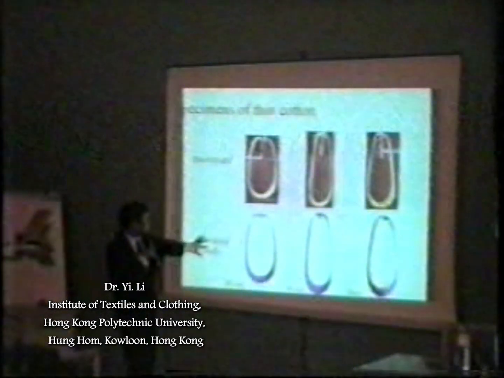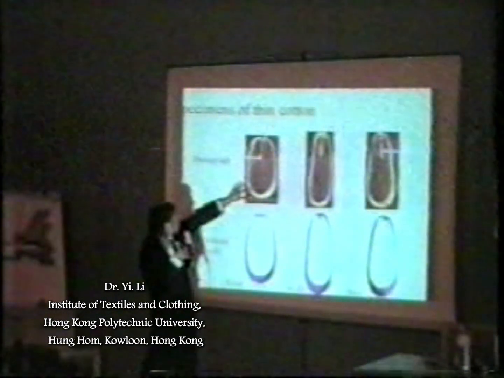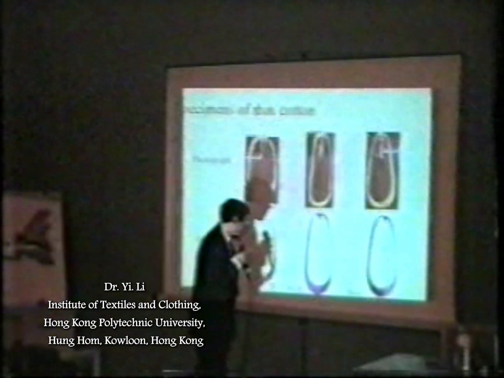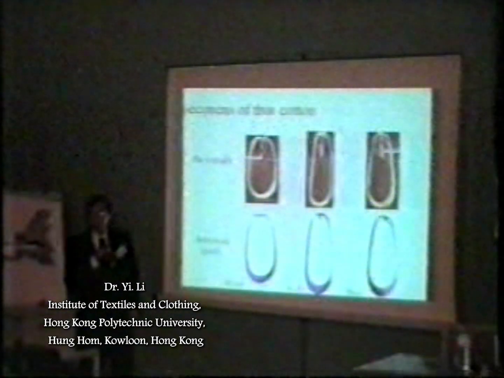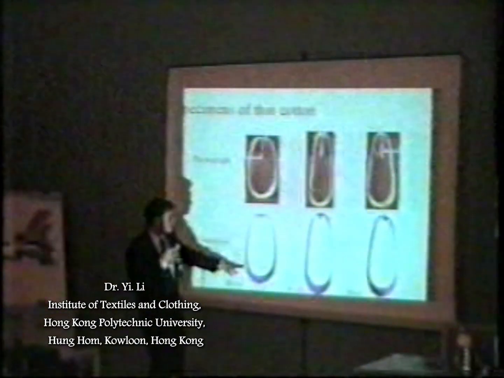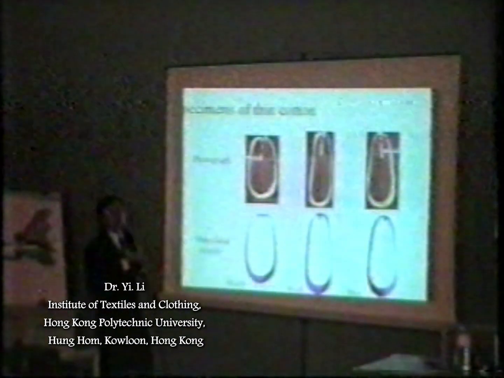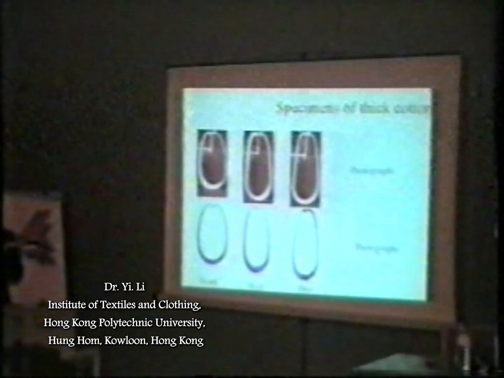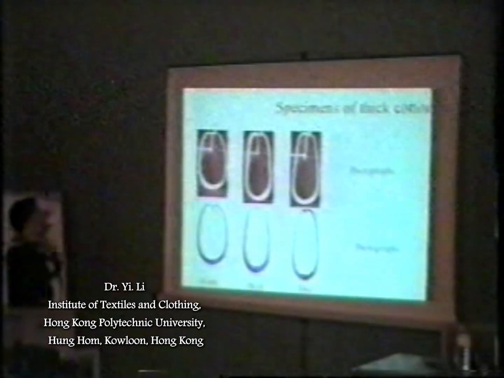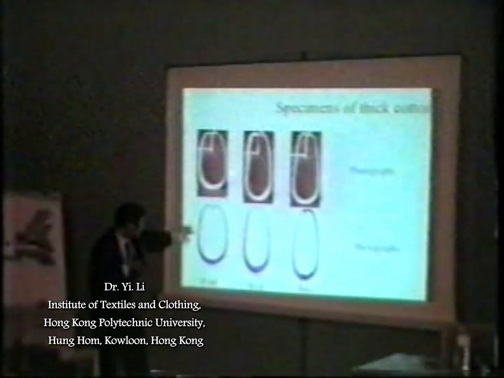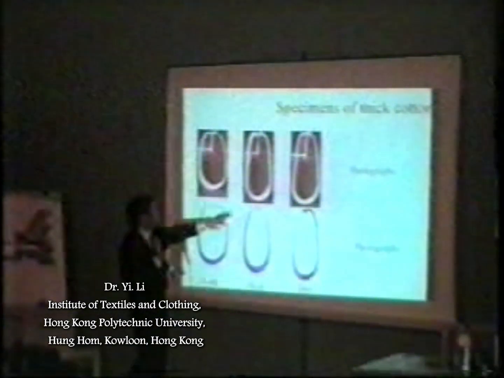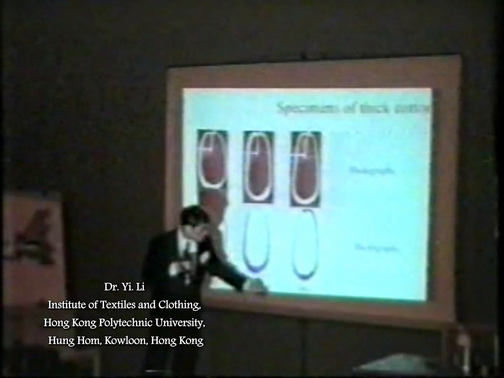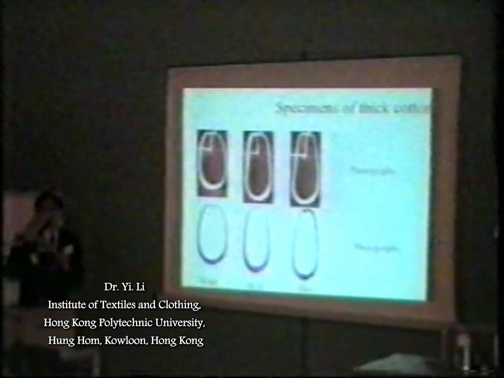We can have similar results compared with the photographs. The new model we proposed has a good simulation of the actual experimental results. That's the one for thick cotton, where similar results have been achieved, whether for warp direction, weft direction, and bias direction.